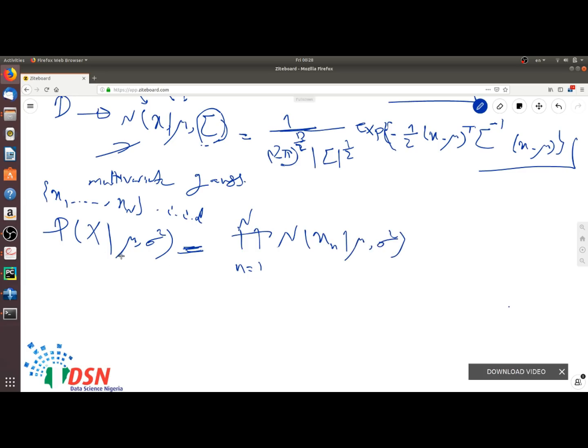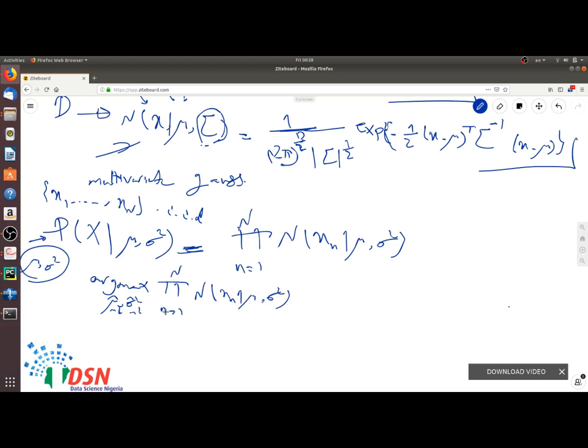Now, if we want to use the Frequentist approach to estimate the parameters mu and sigma squared, we could use the maximum likelihood. So we want to maximize this with respect to mu and sigma squared. In other words, we want to get the mu and sigma squared of maximum likelihood, which maximize this multiplication.